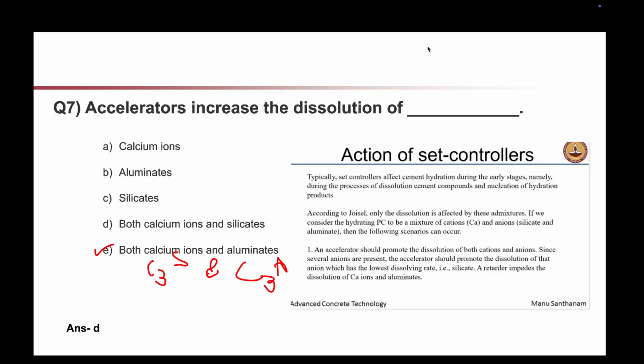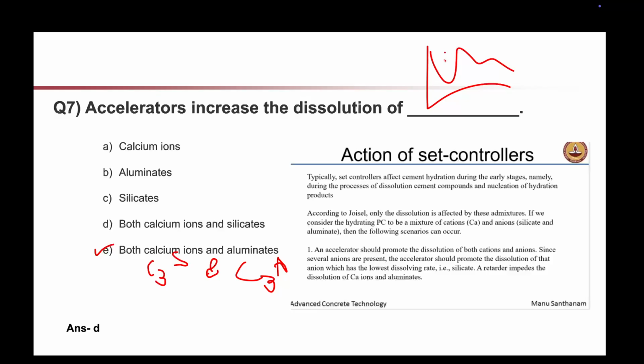If we see from our hydration curve, this is your C3S reaction, C3A and C3S reaction, and your initial hydration. This initial peak is due to C3A dissolution, right? If you want to make it an accelerator, this will shift this way.